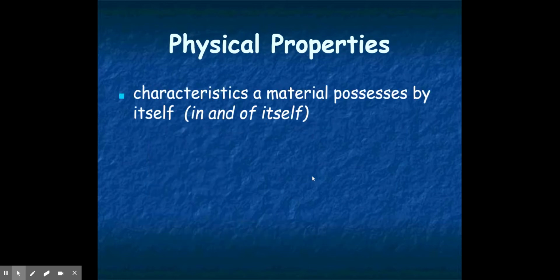Okay, so physical properties are characteristics of materials possessed by the material in and of itself. Okay, they're a personal trait. So in general physical properties, you would say that gentleman has brown hair, that lady has blonde hair. That person's tall, that person's short. It would be something that you would notice about them.